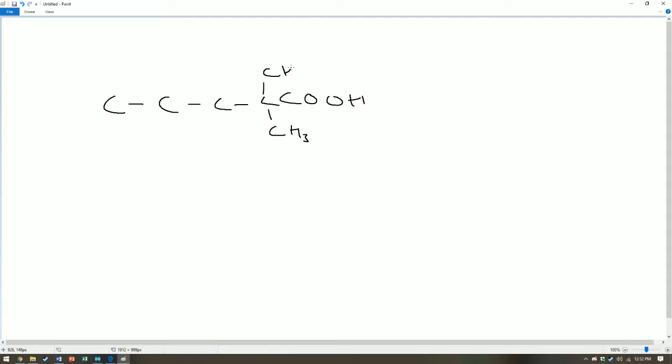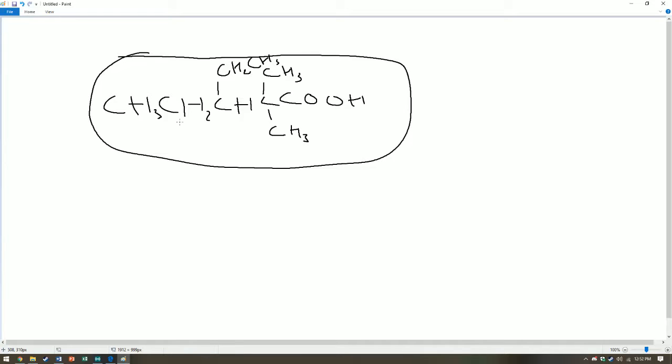Then on the third carbon there's an ethyl group, CH2, CH3, and the remaining hydrogens, H, H2, H3. So that is the structural formula for 3-ethyl-2,2-dimethylpentanoic acid.